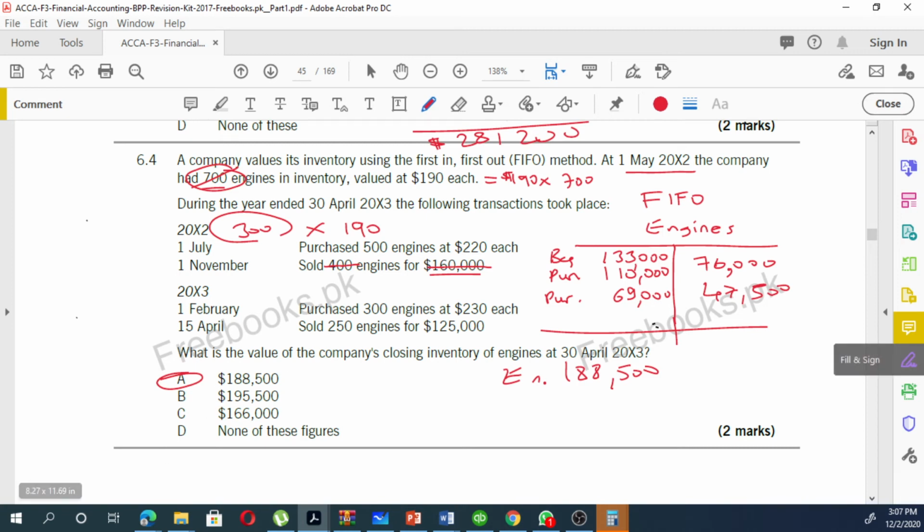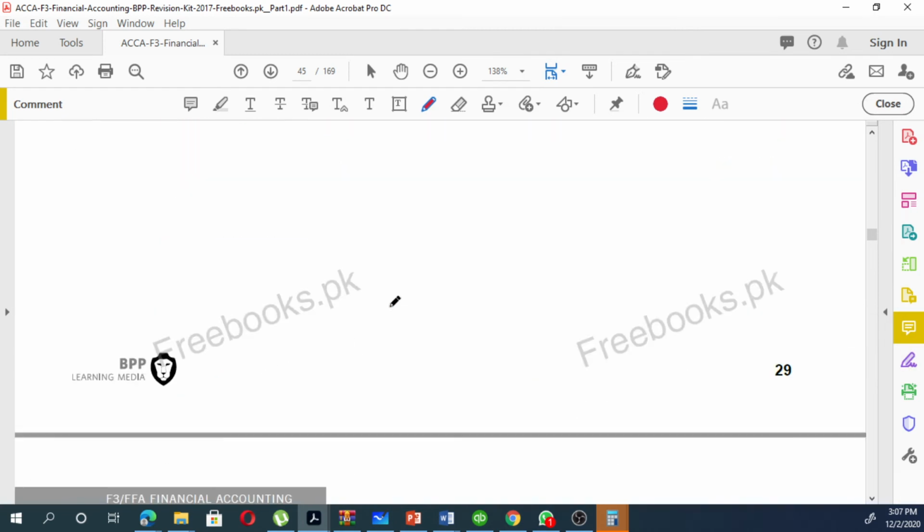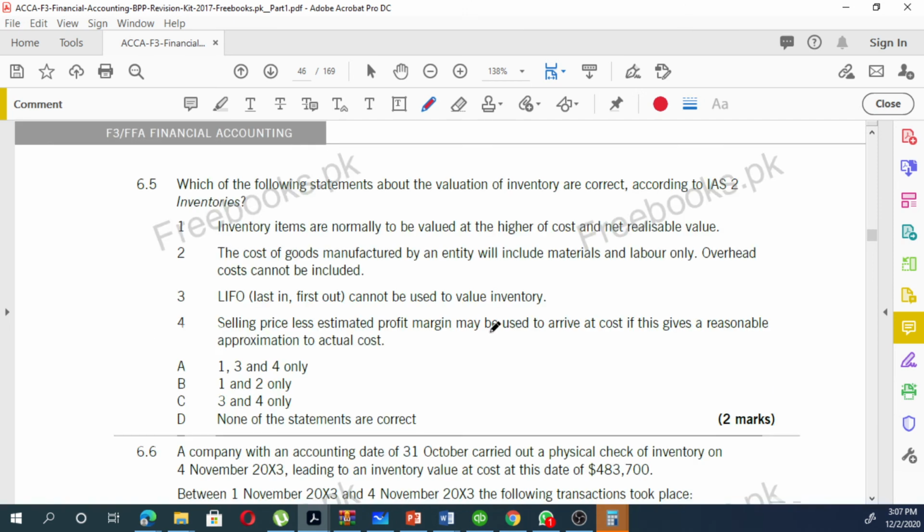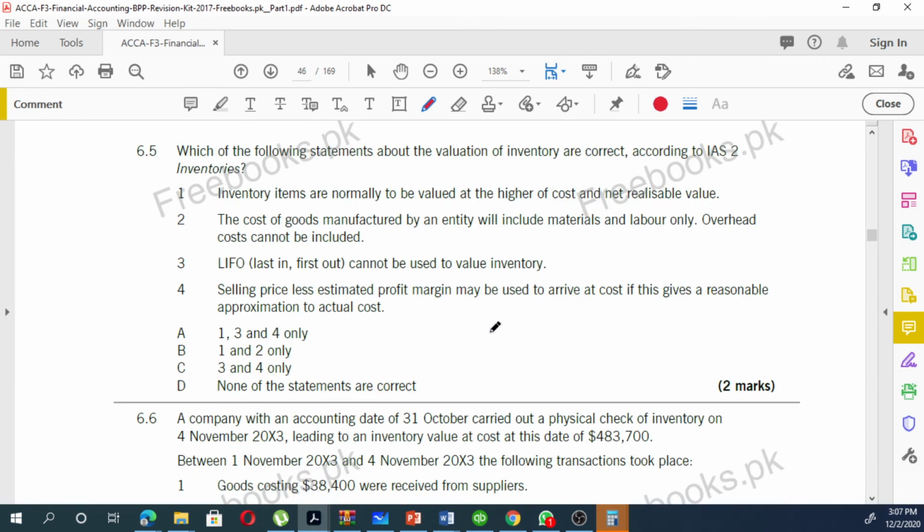So let's move to another question. Which of the following statements about the valuation of inventory are correct according to International Accounting Standard 2 Inventories? Inventory items are normally to be valued at the higher of cost and net realizable value. That's not correct.